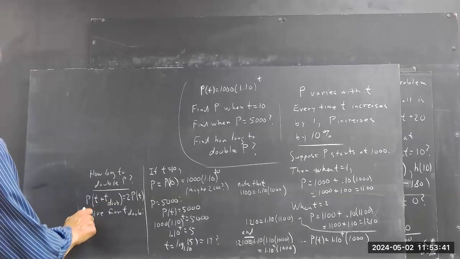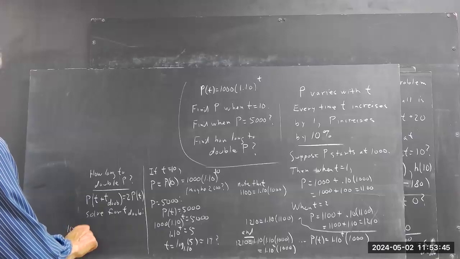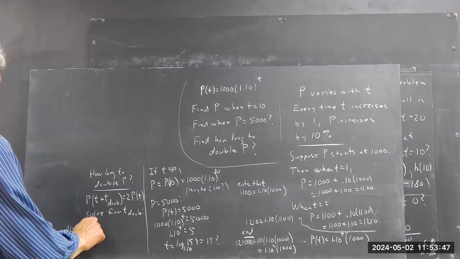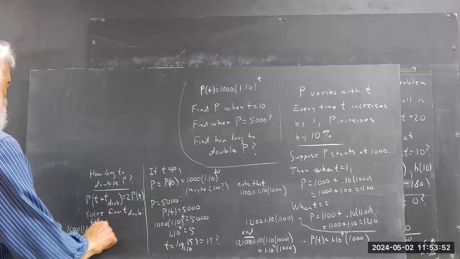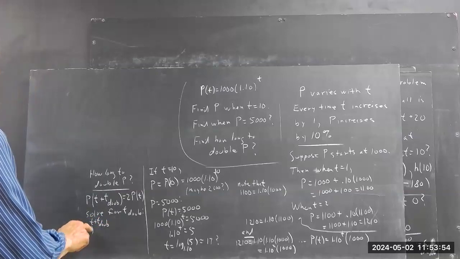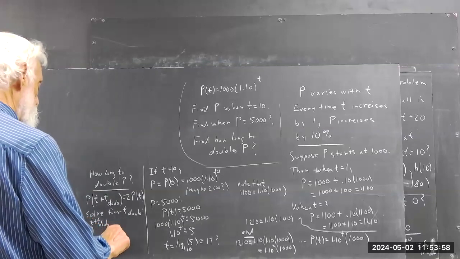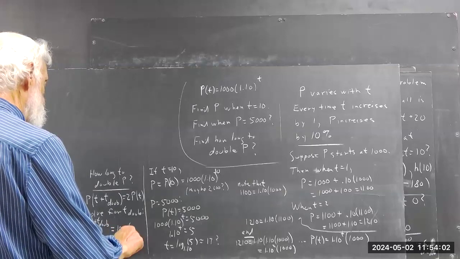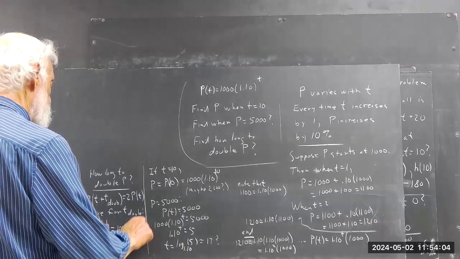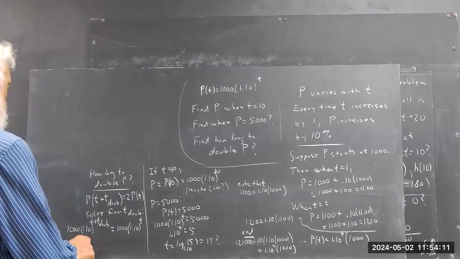P of T plus T dub equals 1,000 times 1.10 to the T plus T dub. And that's going to be 1,000 times 1.10 to the T. We can divide both sides by 1,000 and make this a lot shorter.